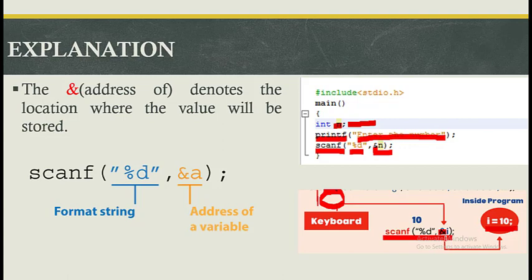Remember, the ampersand is specifying the address of the variable. It's giving us the location where that variable is. So we specify that address, and then we provide the variable name. And so the value 10 is going to be stored in that variable at that point.